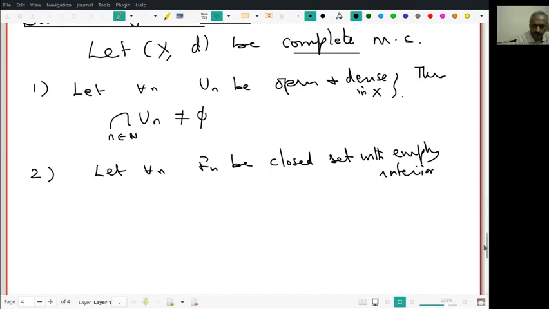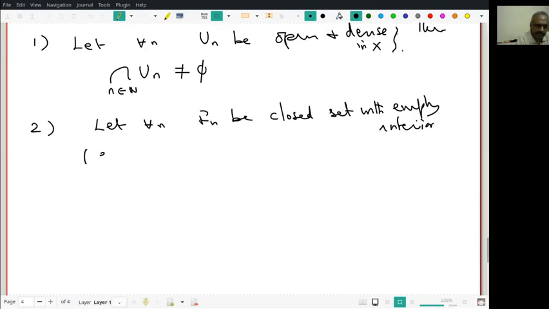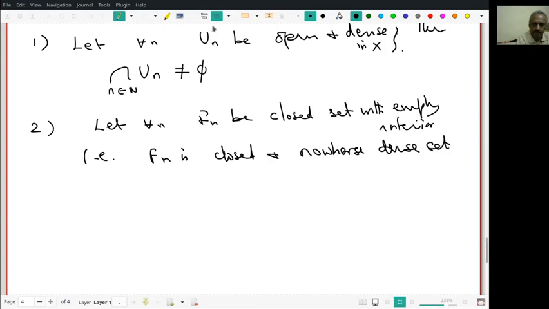Now that we have learned the jargon, we can say that each F_n is closed and nowhere dense. Then the union of the F_n cannot be equal to X. So again, intuitively, what does it say?